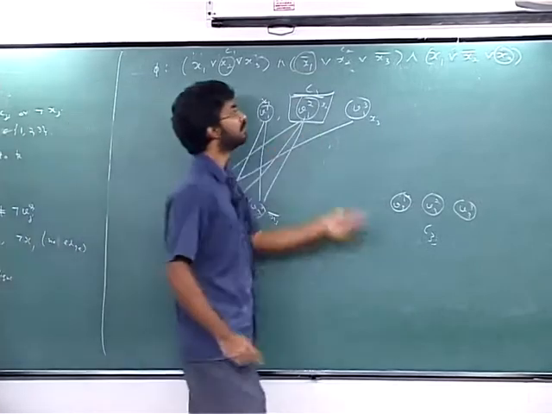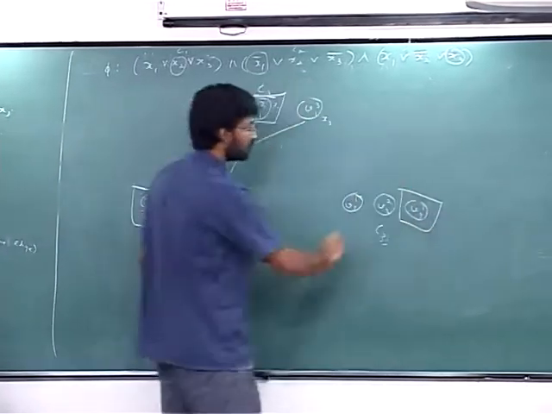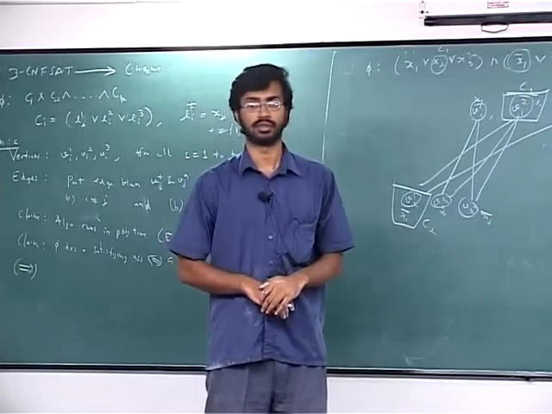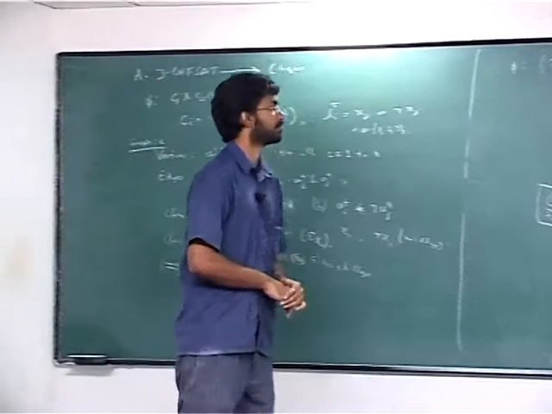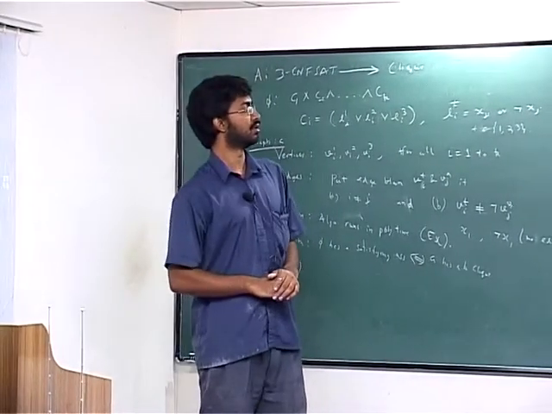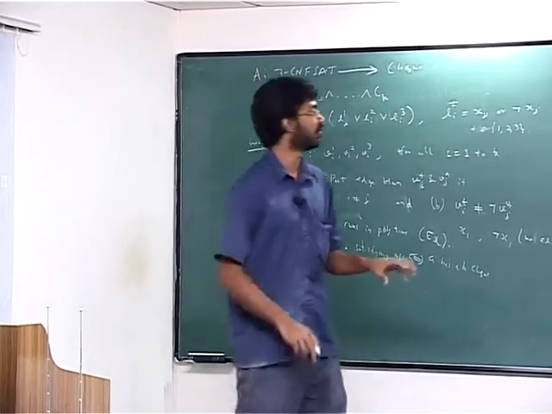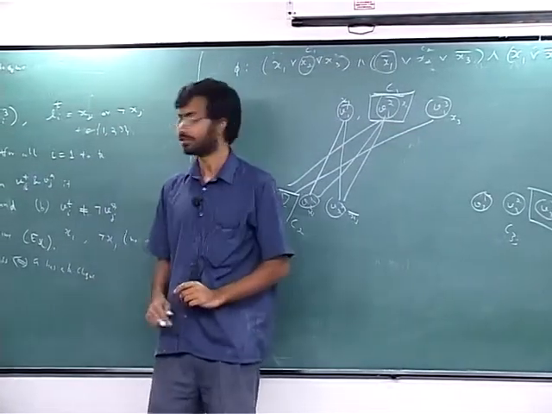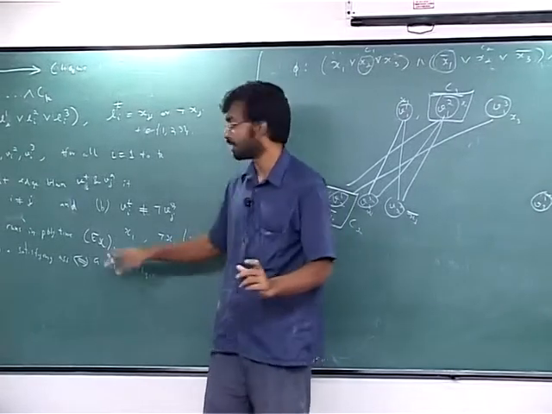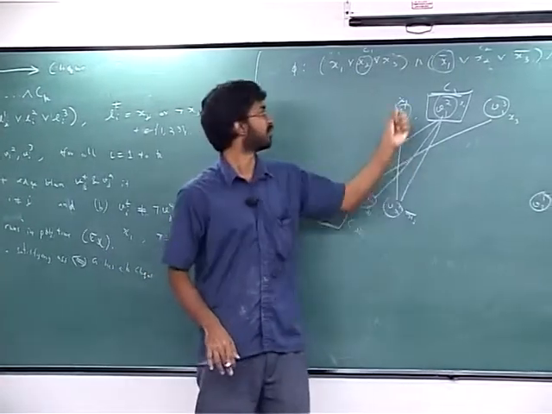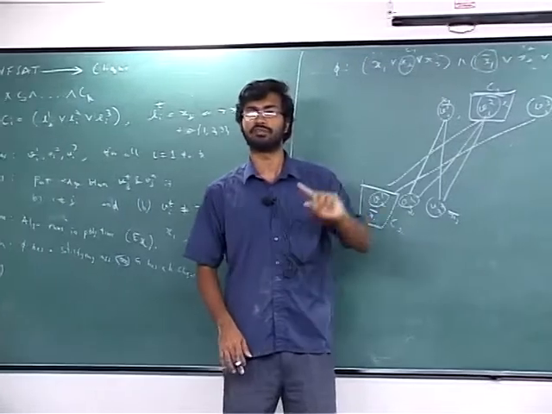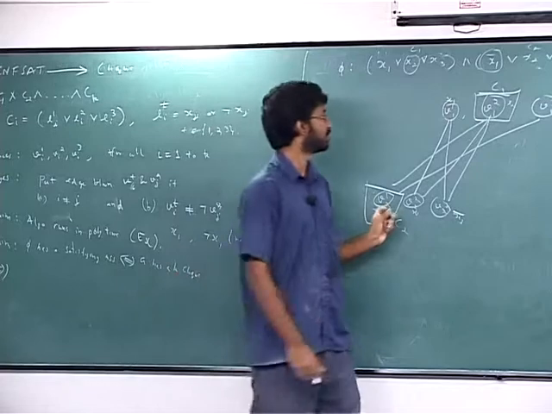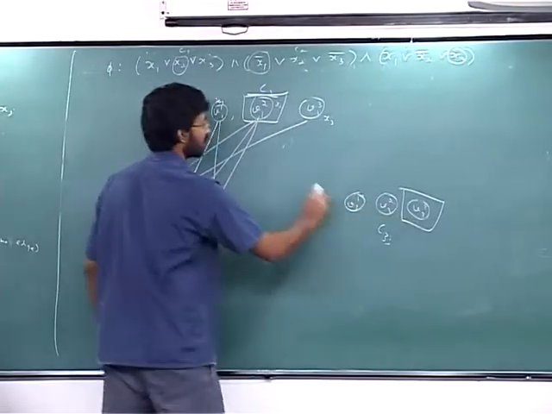We have put x3 there, means we have picked this. Now I claim that the graph on these vertices is a clique on those k vertices. First of all, there are exactly k vertices which we pick because there are k clauses, and from each clause we pick one vertex. So the claim is that they form a clique.